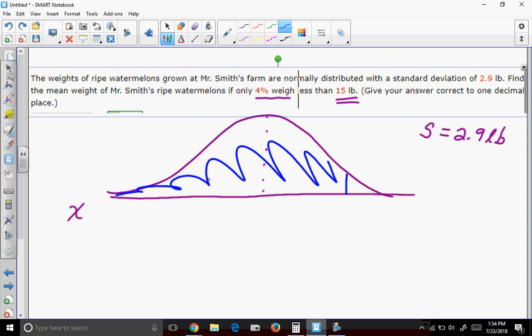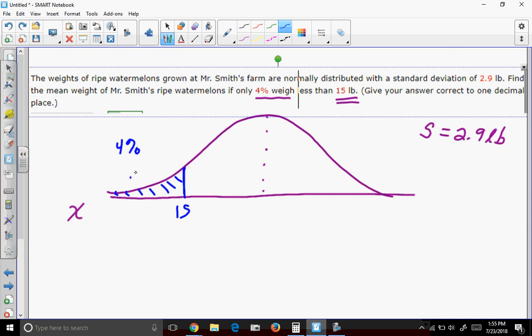This is over half, or over 50%. So that wouldn't work. But if we put 15 pounds here, then it could be that 4% or 0.04 is to the left of that. That's possible.